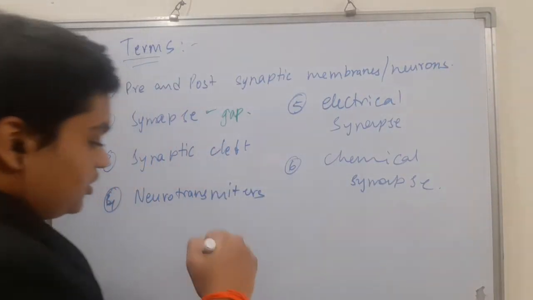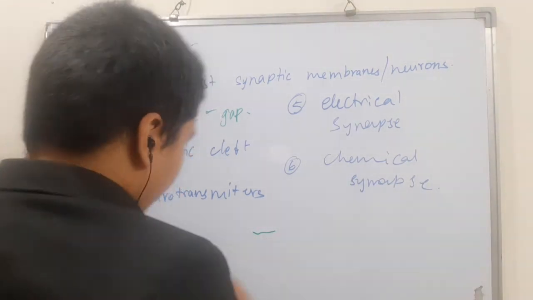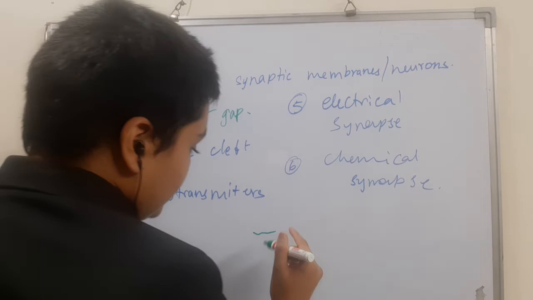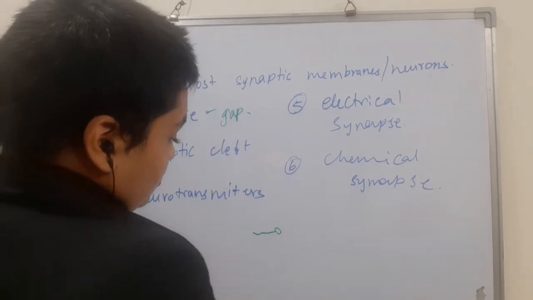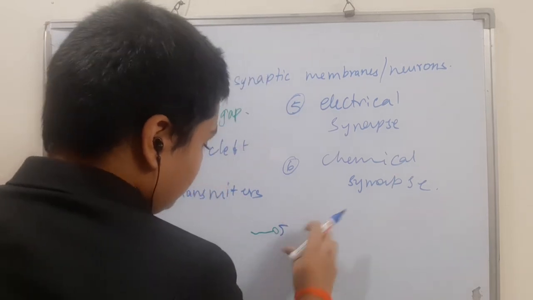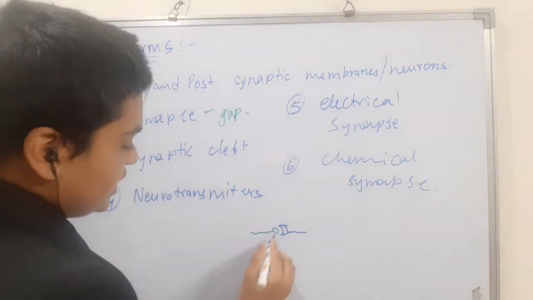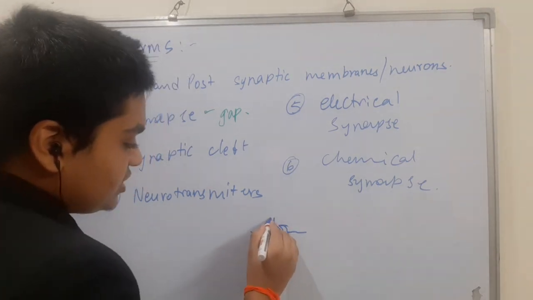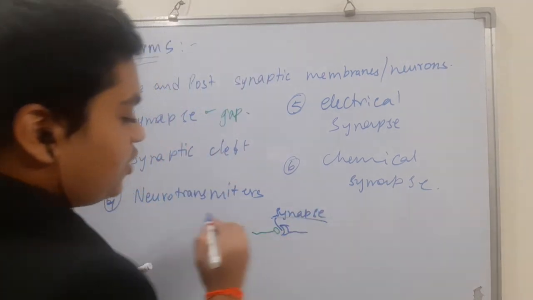See, here is one dendrite of one neuron. This terminates as a rod. And this is one axon of another neuron. This is the axon, this is the dendrite, and this gap is called the synapse. Got it?